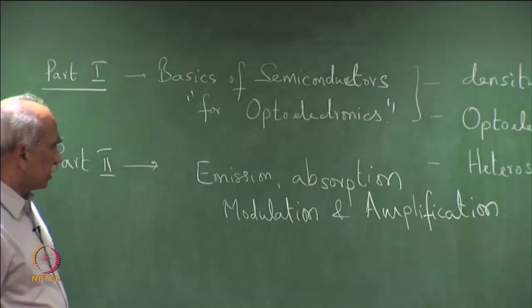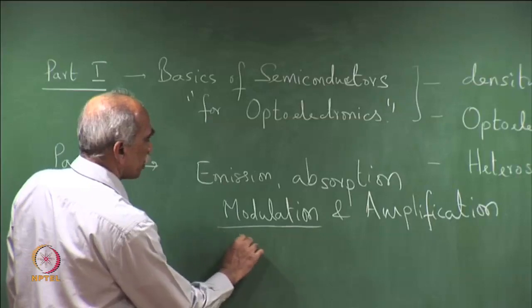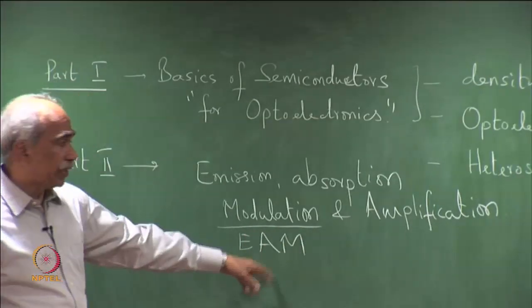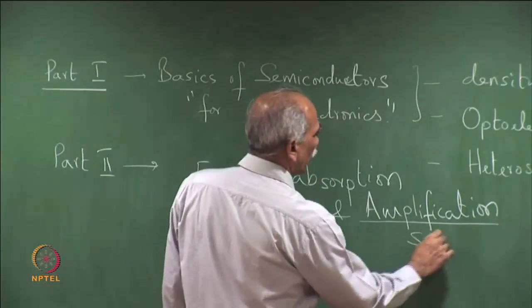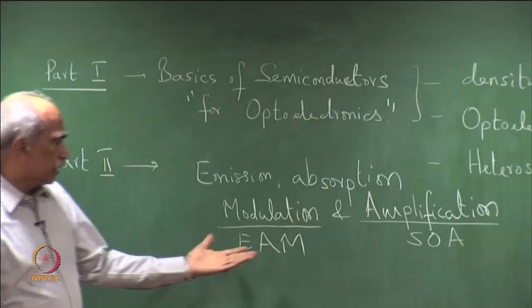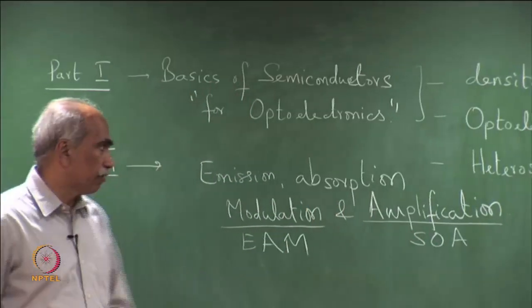In particular, we have discussed two devices here, the electro absorption modulator, EAM, and the semiconductor optical amplifier, SOA. So, two devices we have discussed in this part, electro absorption modulators and semiconductor optical amplifiers.